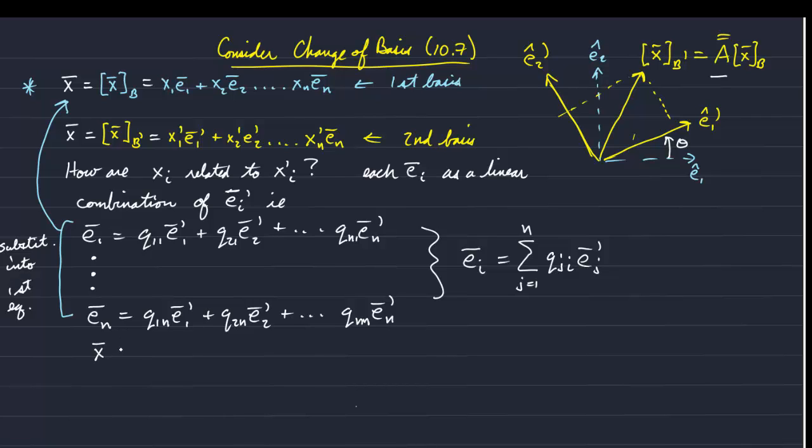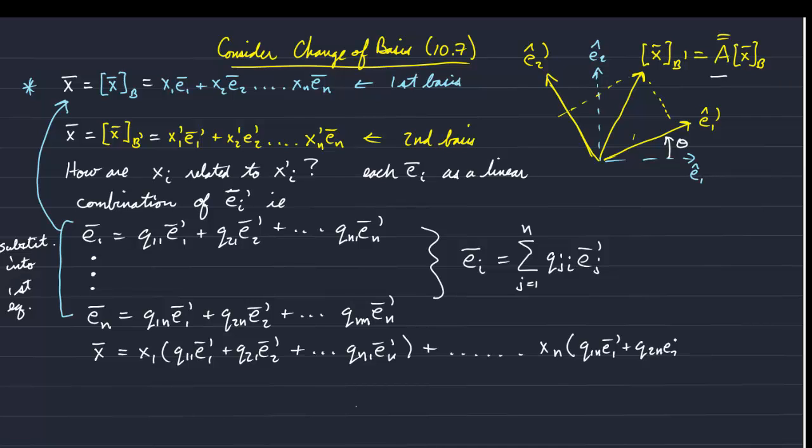So again, making the substitution, we get x is equal to x1 times e1, which is again Q11 e1 prime plus Q21 e2 prime all the way out to QN1 en prime, plus all the other terms out to xn times en, which is Q1n e1 prime plus Q2n e2 prime all the way out to QNN en prime.